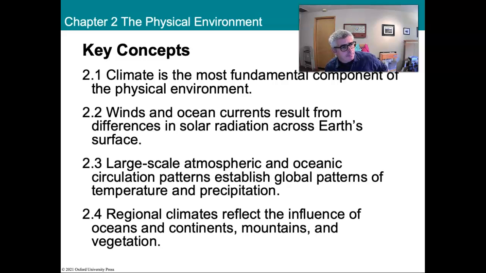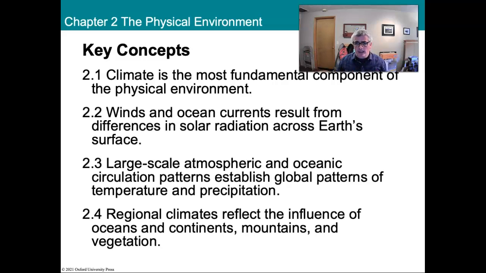And so really, both from a future, current, and historic standpoint, understanding climate's fundamental to understanding the physical environment and understanding how ocean and wind currents impact these ecosystems. And large-scale atmospheric and oceanographic circulations establish these global patterns of temperature and precipitation, which then drive our ecological communities.